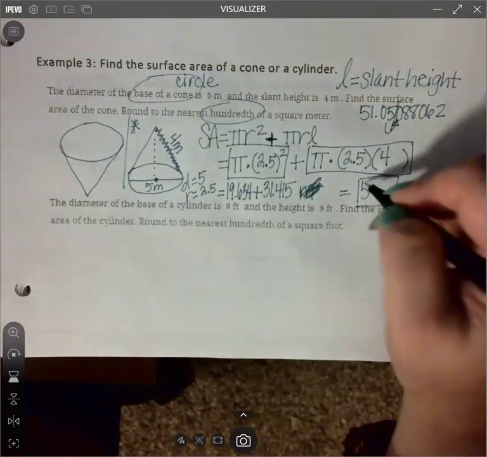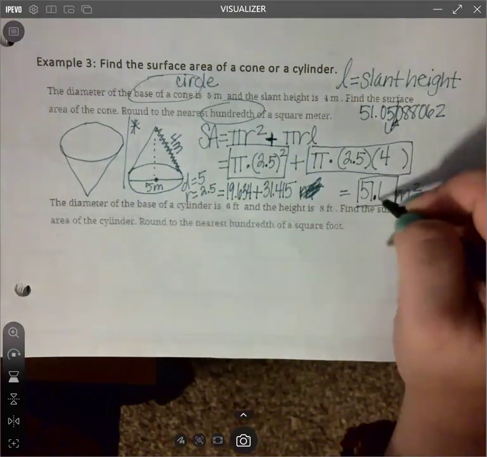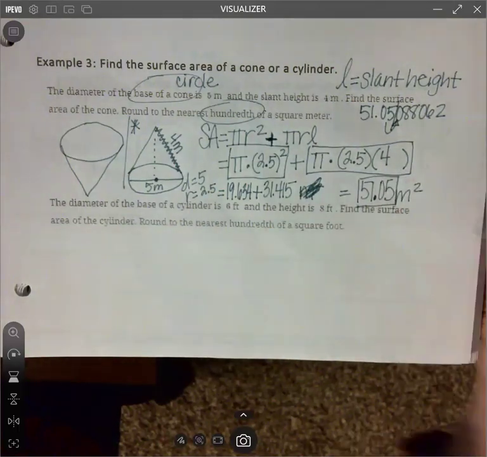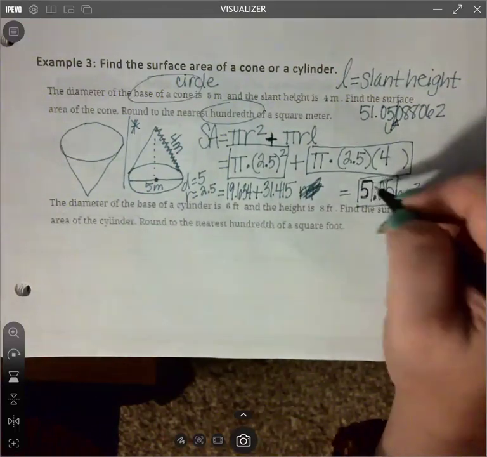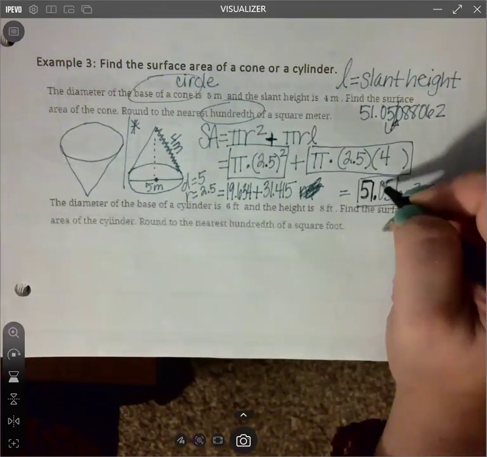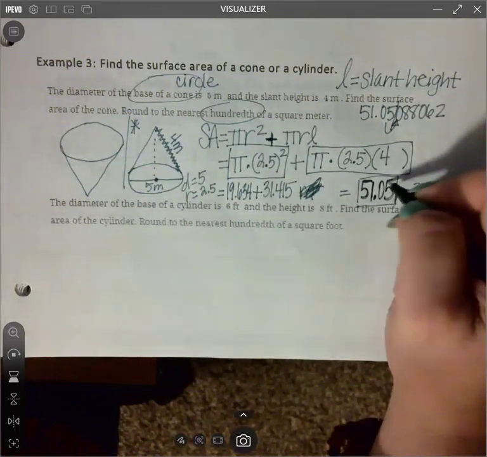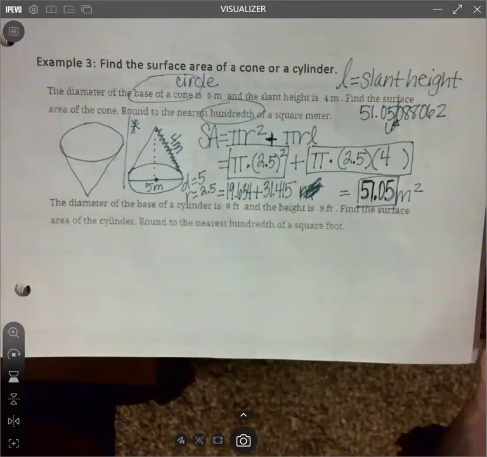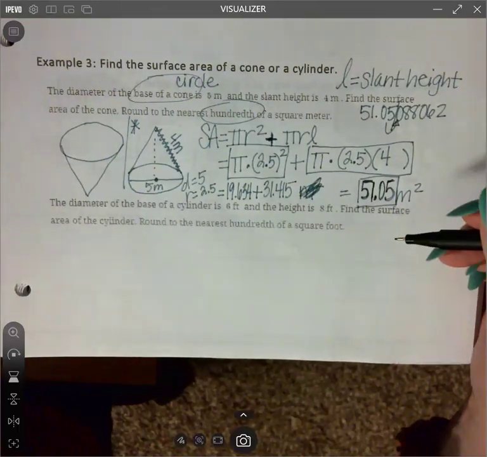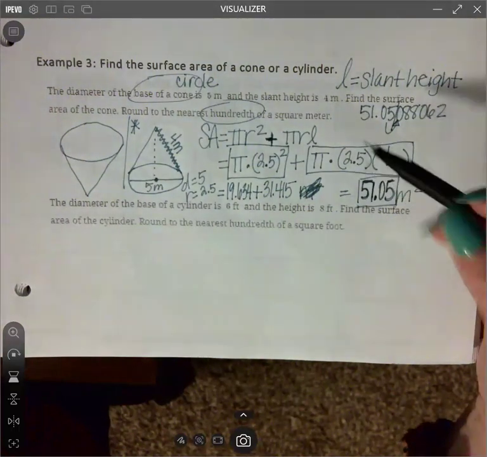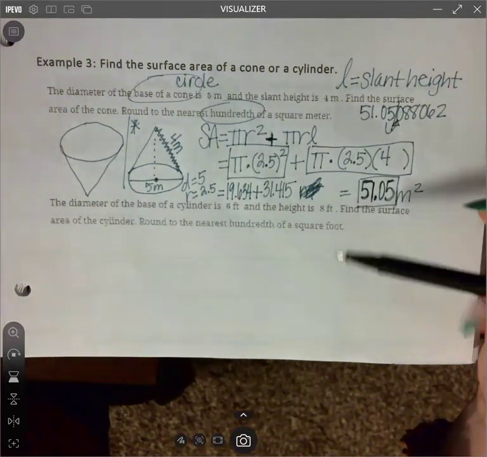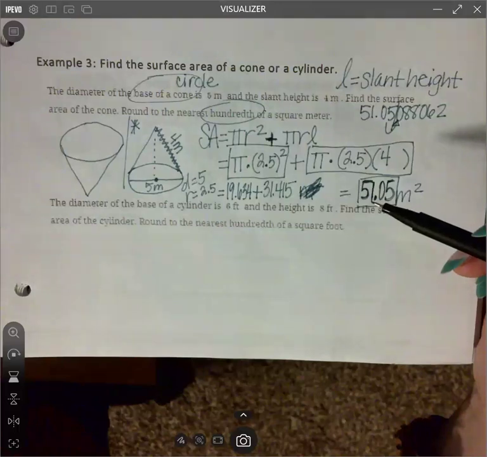So 51.05 meters squared. Again, surface area is the outside of the shape. If we were going to wrap it in wrapping paper, always think of surface area as the outside.